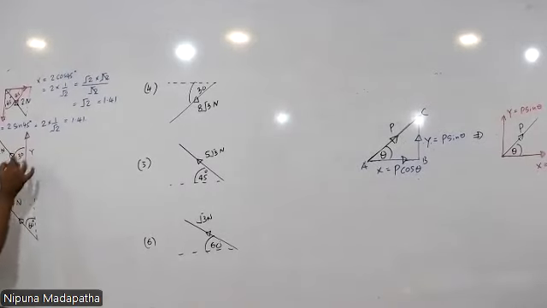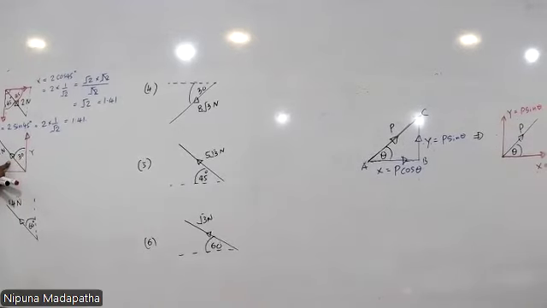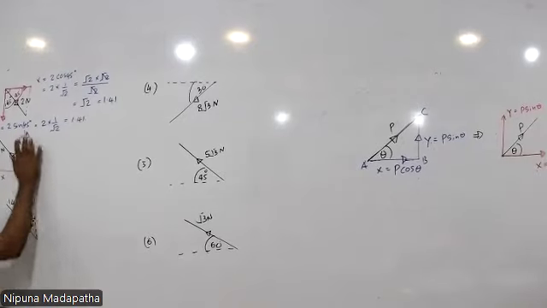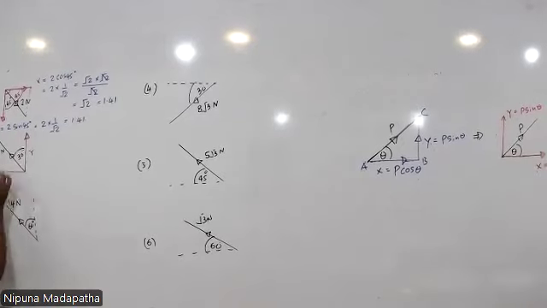This is the y component, and this is the x component. For the second one, the y component is 3 root 3 cos 30, because the adjacent side is the side next to the angle.